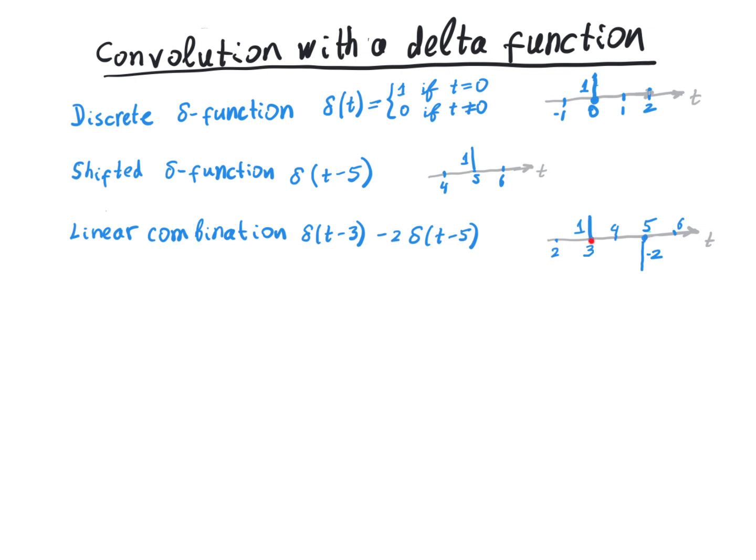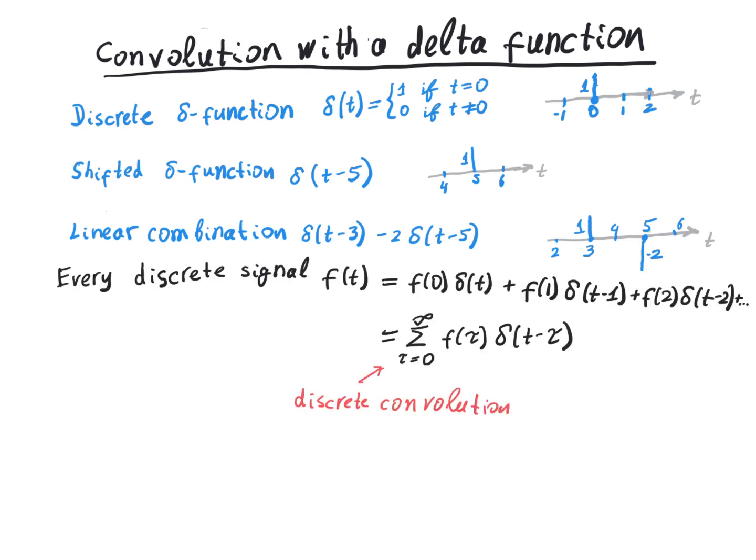At t equals 3, it returns the value 1 because that's what the first term returns, and at t equals 5, it returns the value minus 2. Similarly, you can decompose any discrete signal as a linear combination of delta functions, where each delta function is multiplied by the corresponding y value of our discrete signal.